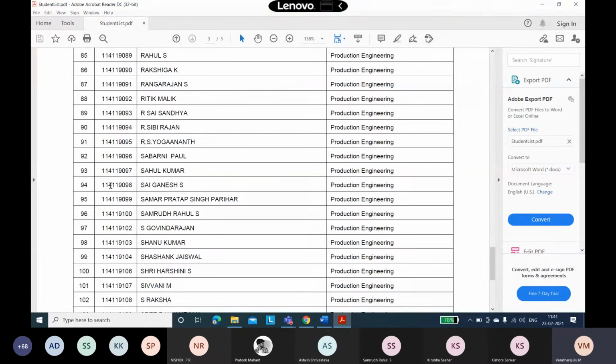Please join with us. Similarly, the other two also, please respond. Sai Ganesh, Samar Prasad, Sabarni, Yoga Anand, Samrut Rahul, Govind Rajan, Shanu Kumar, Jaishwal, Harini, please unmute your mic and join us. And Johanna.